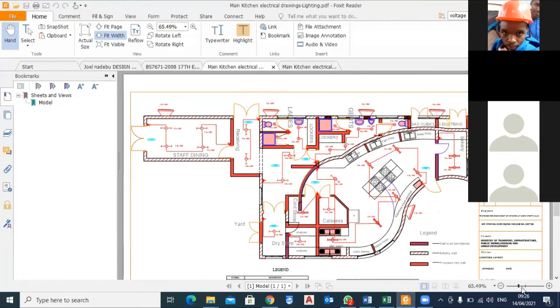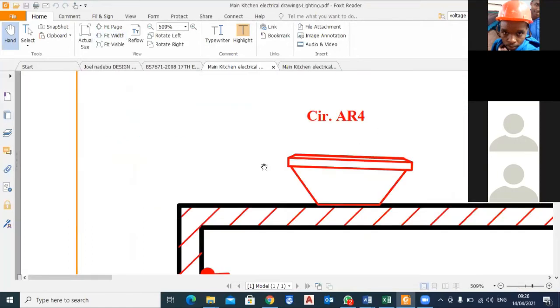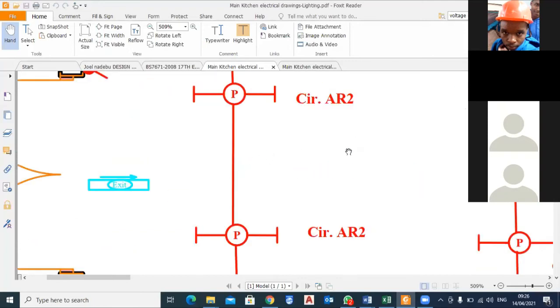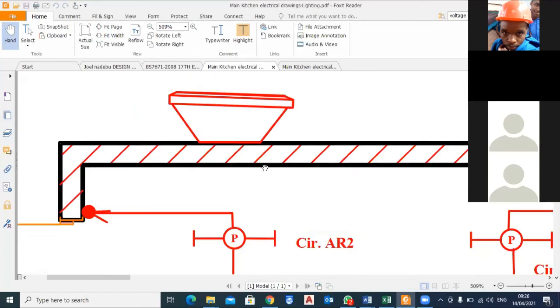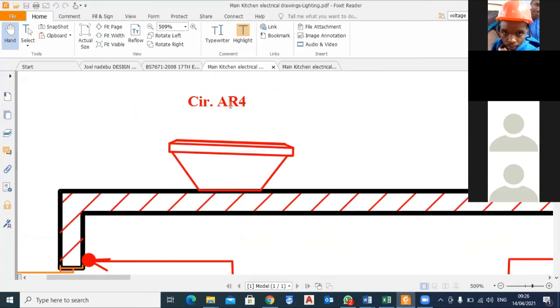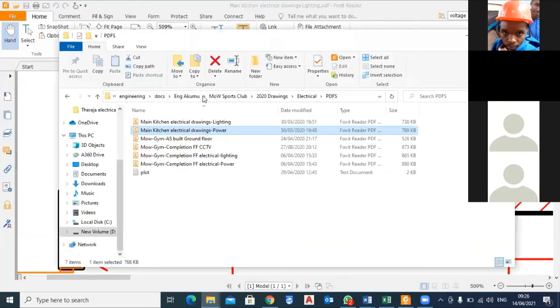Ni sawa. So this is a kitchen that we did. We are doing some renovation. Now I wanted to look at the way I have named these circuits. We have circuit AR4. I also want to share with you another one.